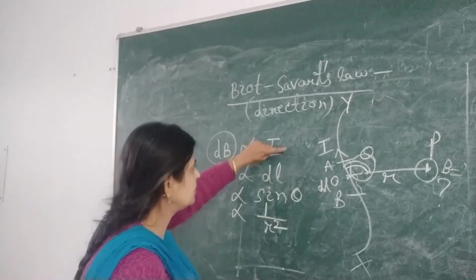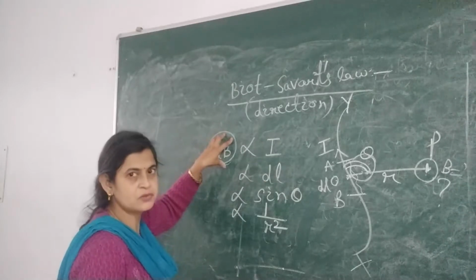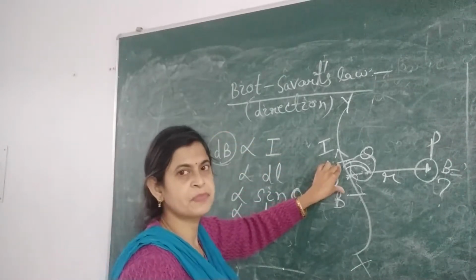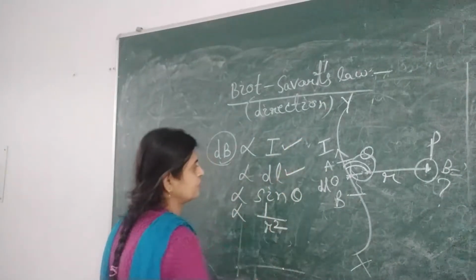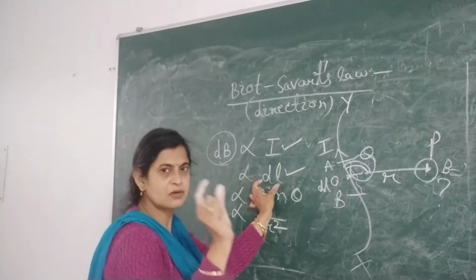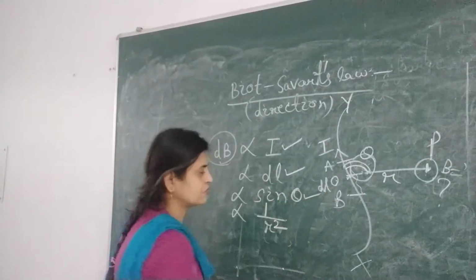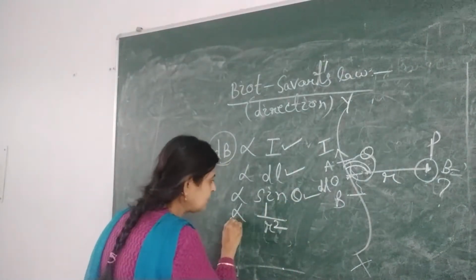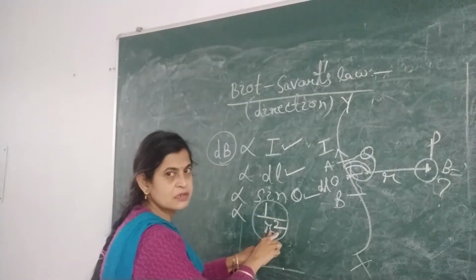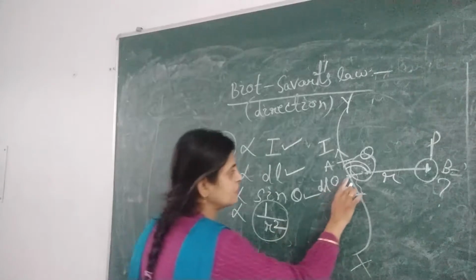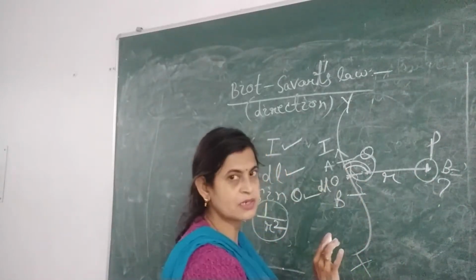So mark these four quantities. The strength of the magnetic field due to the small element is directly proportional to current, directly proportional to the length of the small element, and directly proportional to sin theta, but inversely proportional to r square, the square of the distance between the point of observation and the center of the small element.